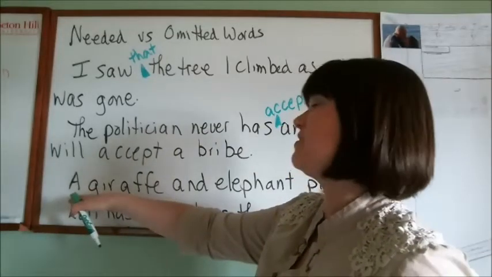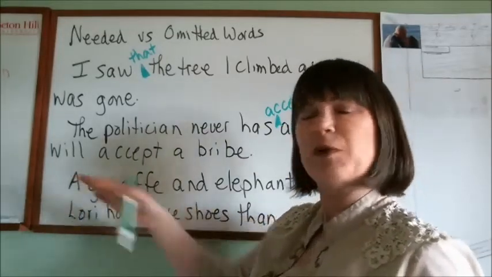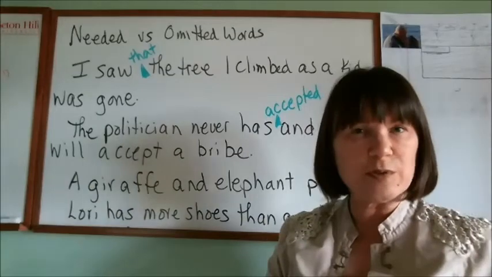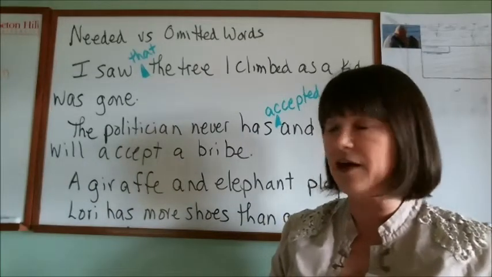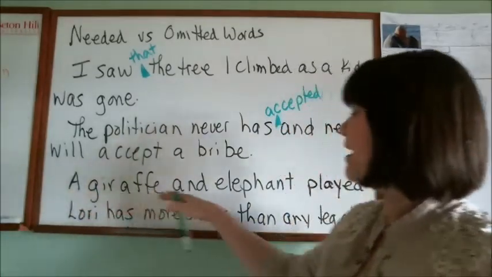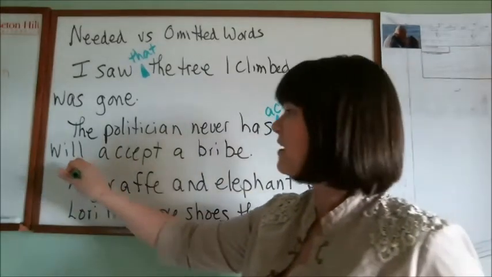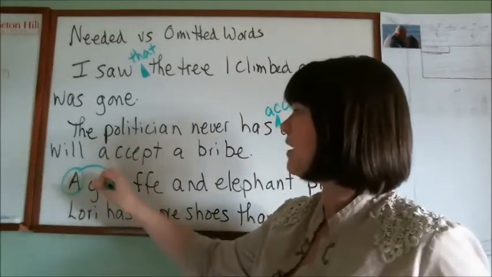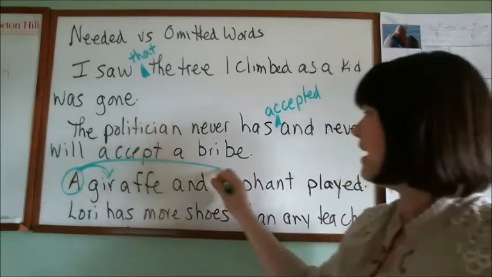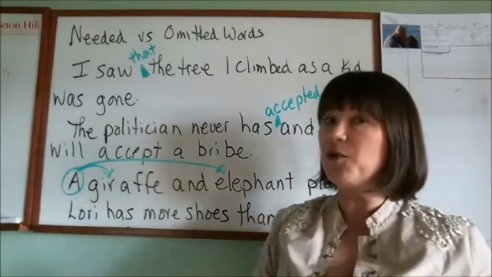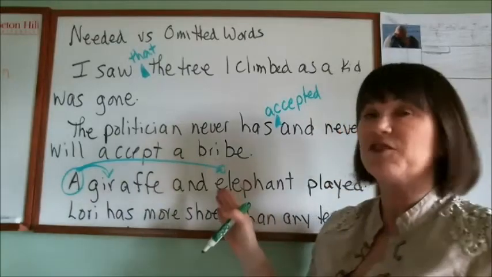In this third sentence, we have a problem with articles. And what are articles? Those little words that we put before nouns, a and the. Here I have "a giraffe and elephant played." Well, here's the problem. This article needs to apply to both the giraffe and the elephant, but we know that we don't say "a elephant." And why?